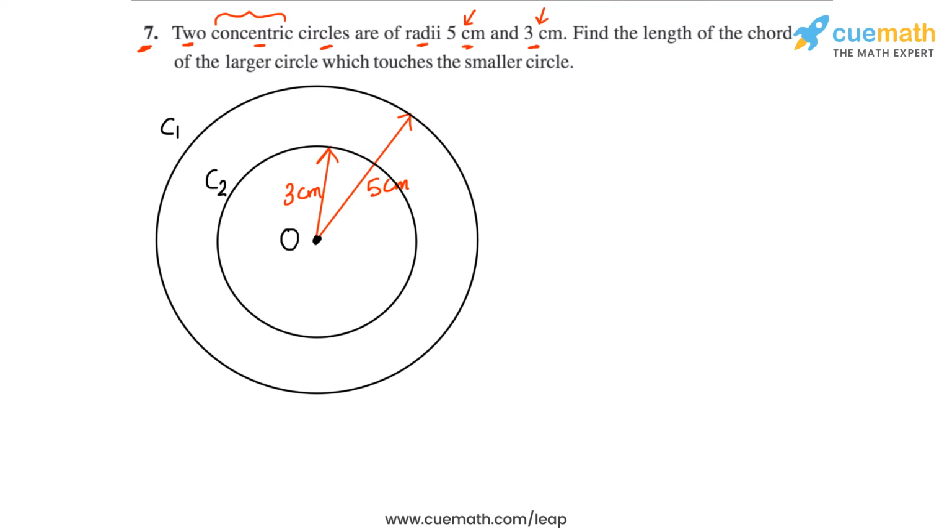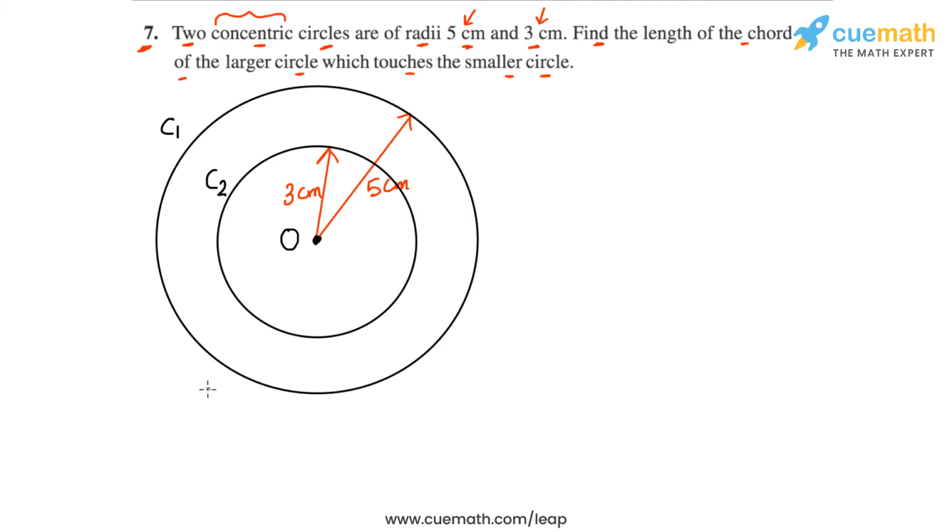All right, now let's go back to the problem statement. It says, find the length of the chord of the larger circle which touches the smaller circle. So we have a chord of the outer circle, the larger circle C1, which touches the smaller circle C2. If you think a little bit, you will realize that you can draw infinitely many such chords. How?